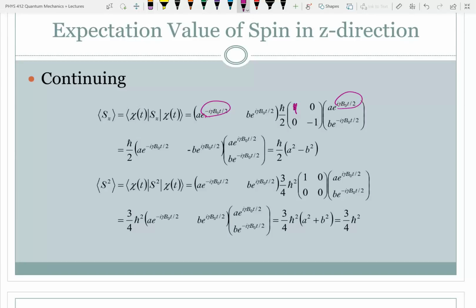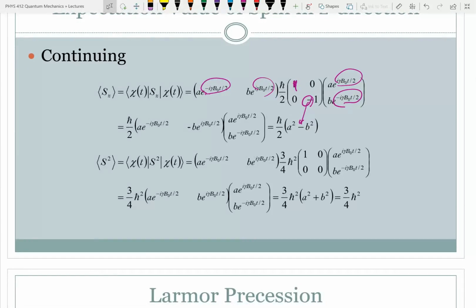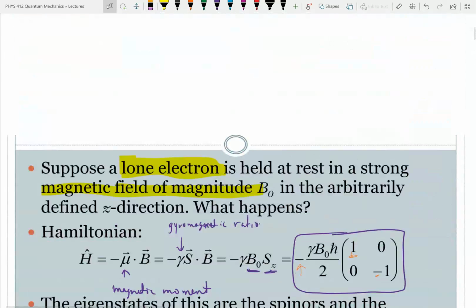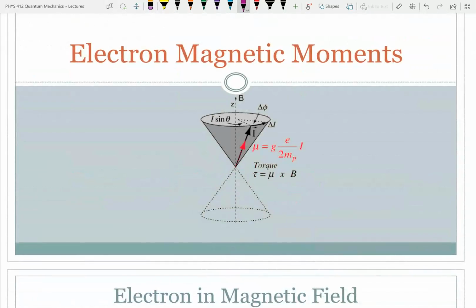And likewise, these two here will give me exponent of 0. This minus sign is why there's a minus sign between the two. Right. So the Sz is constant, but the XY is precessing around. Hence the picture that we started with. The vertical component is constant, but the XY is precessing.